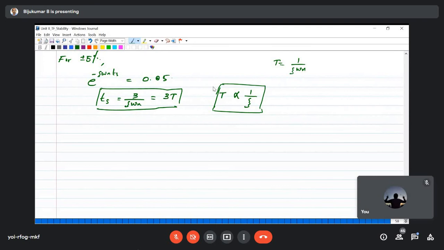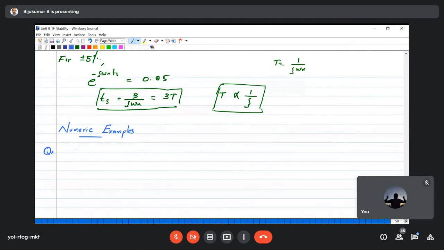Take your calculator and keep it with you. Note down this problem. So this is the question.